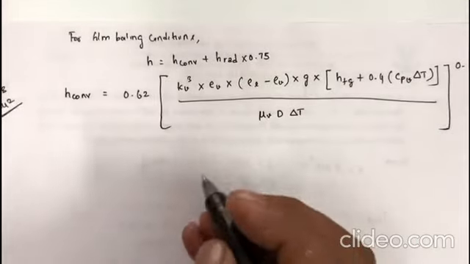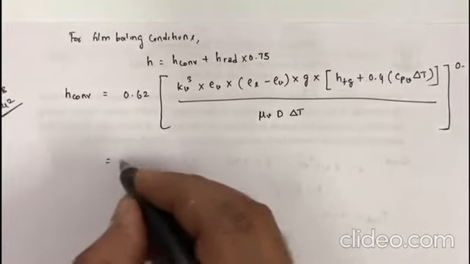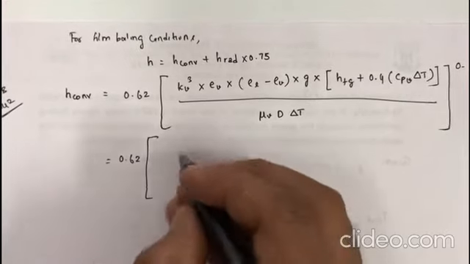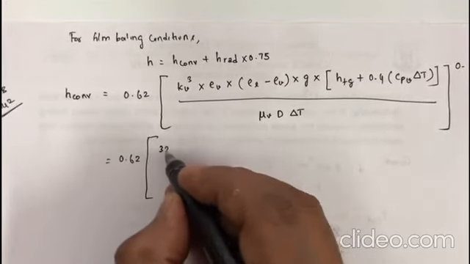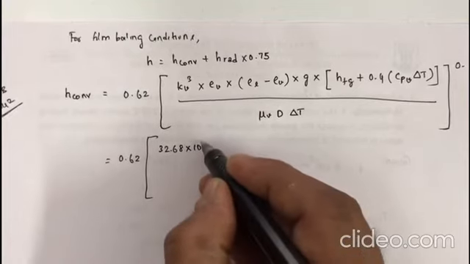Alright, so now let's start substituting. So kV is the thermal conductivity, which we have already noted down.